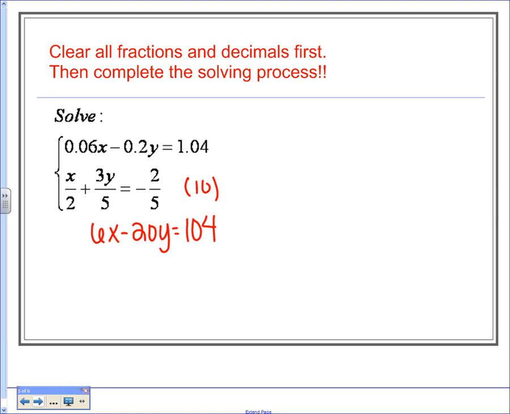So 5x, plus 6y. Do I need to go over that part again? 2 times 5 is 10. And then your 10 divided by 2 is 5. Does that make sense?